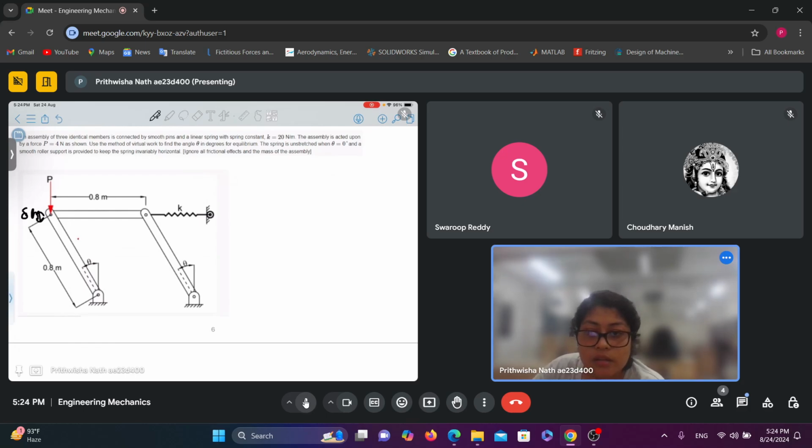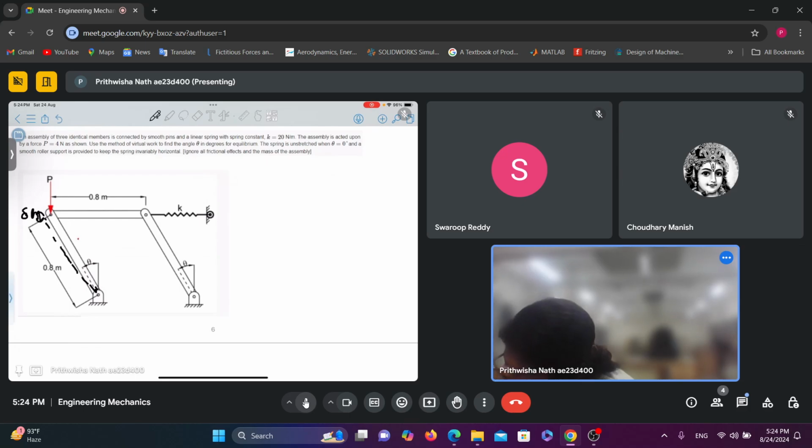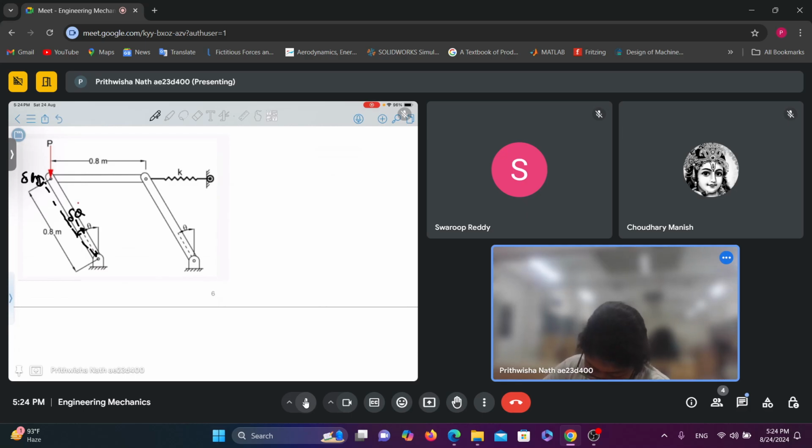Okay, and suppose after giving a small virtual displacement to this link, let this be delta theta. Now what will be delta H? Can you tell me? Delta H will be 0.8 delta theta, right?